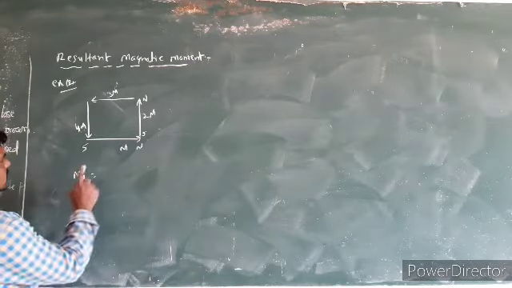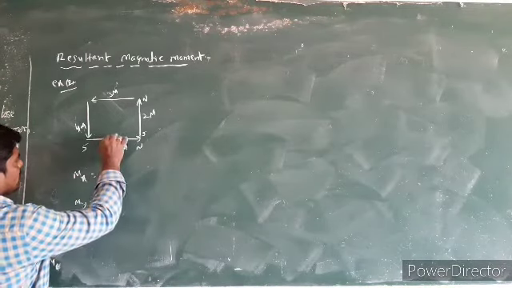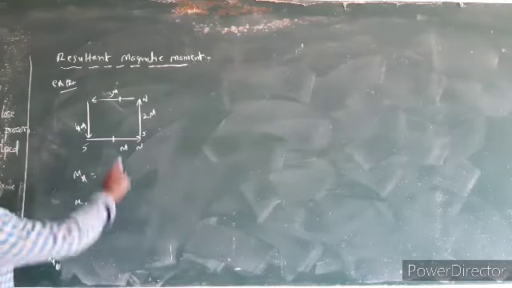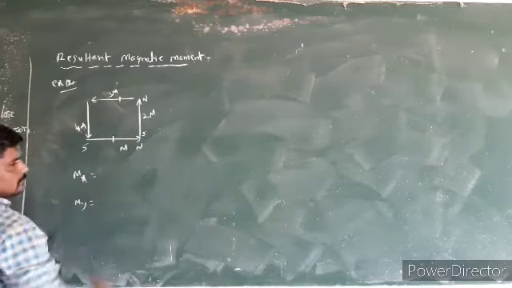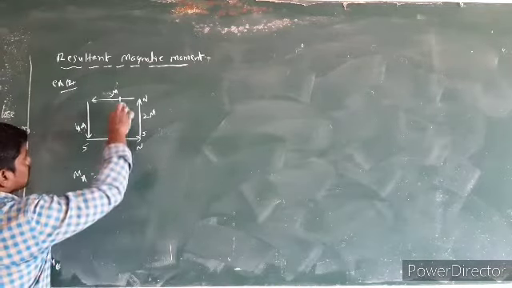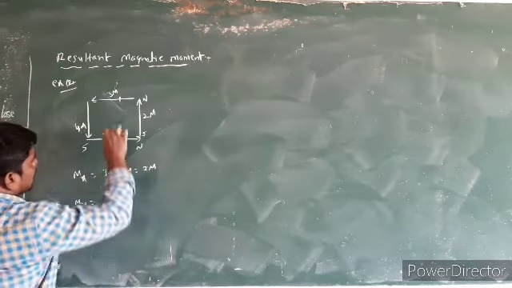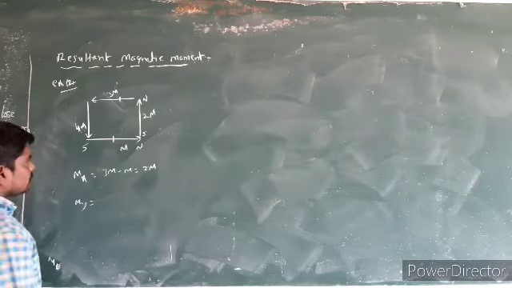Now, the magnetic moment of this arrangement along the x-axis. First, how many magnets are there along the x-axis? Two magnets, these two. If you observe, these two are anti-parallel. The resultant magnetic moment of these two is 3m minus m, that is 2m. Do subtraction.